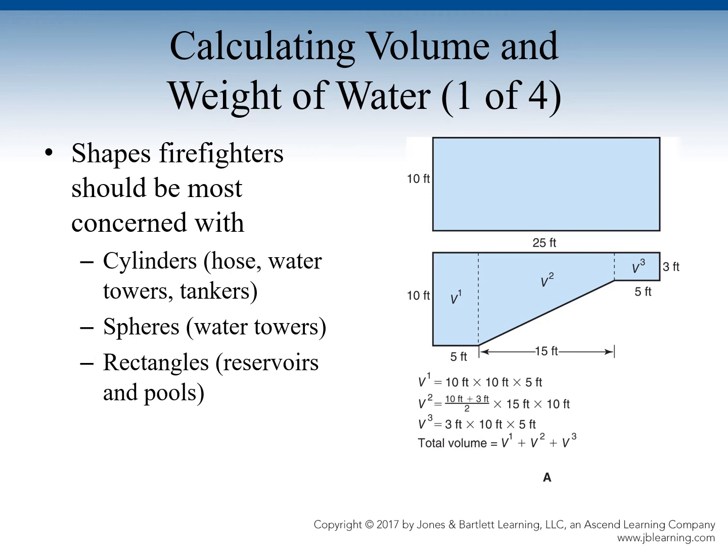And so you use the formula of 10 foot plus 3 foot divided by 2, multiplied by 15 feet, times, again, 10 feet. And then we have to figure the volume of V3 as a square or rectangle as well. Then we simply add the 3 volumes together to get the total volume of a shape that's not a rectangle or square.